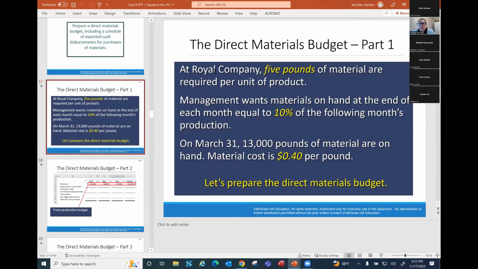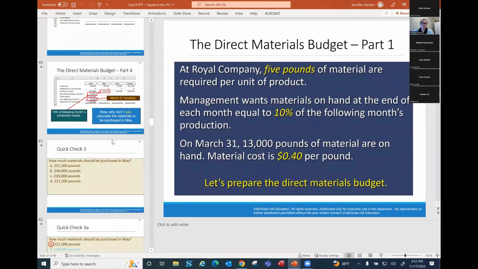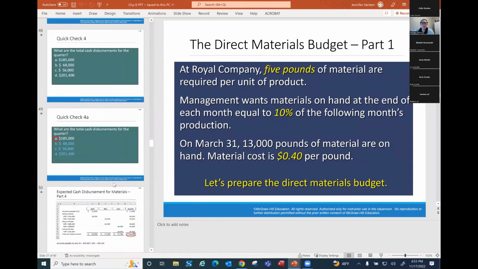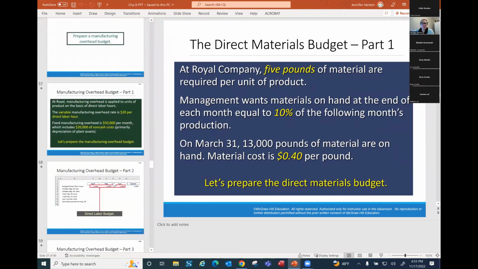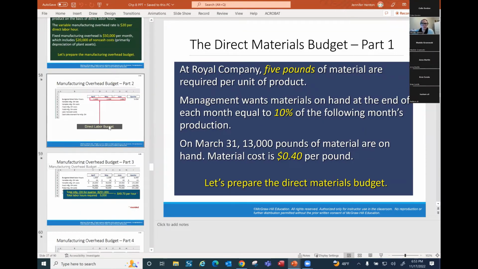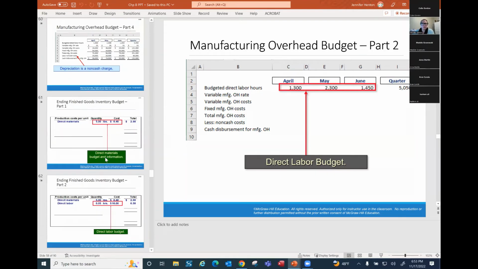So it's 5 pounds per material. That's where it's coming from. So at Royal Company, 5 pounds of material are required per unit of production. So we're going to take the 5 pounds, multiply it by the 40 cents to come up with the $2.